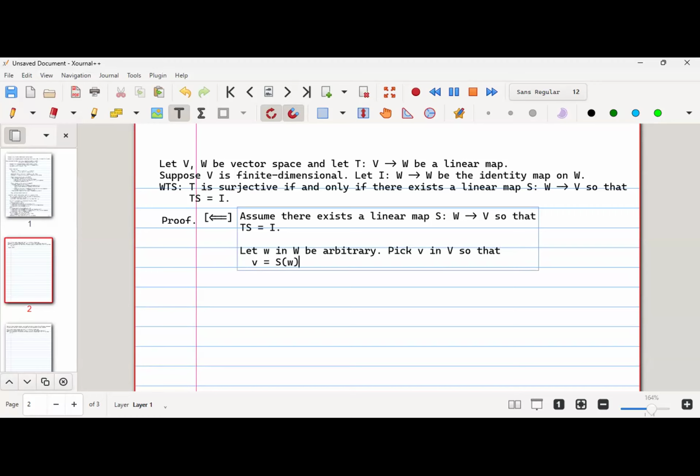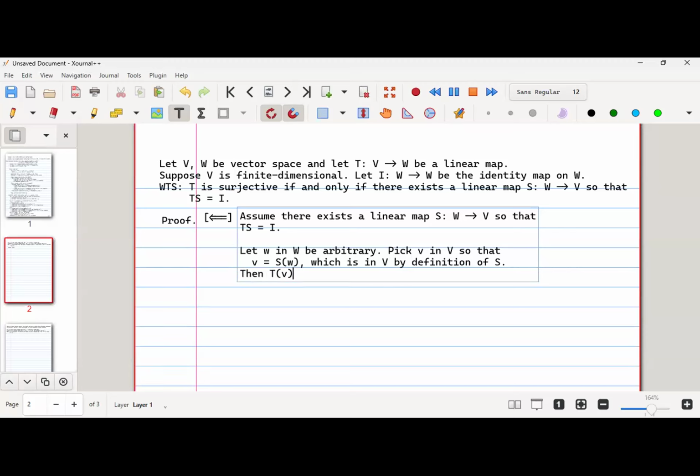And I think you can kind of guess where this is going. And also this is in V by definition of S, right? So let's just state that.